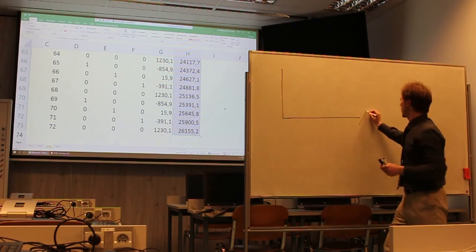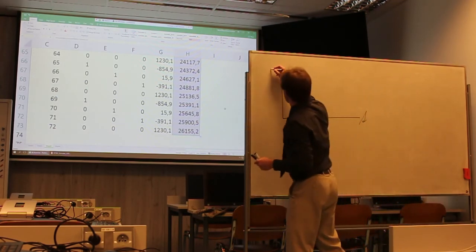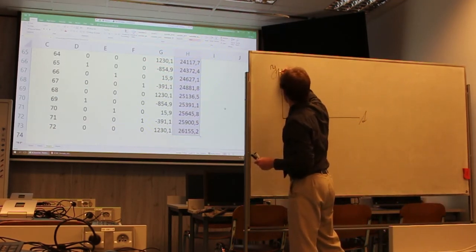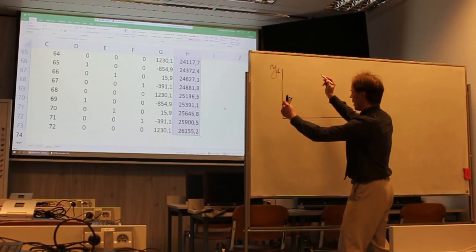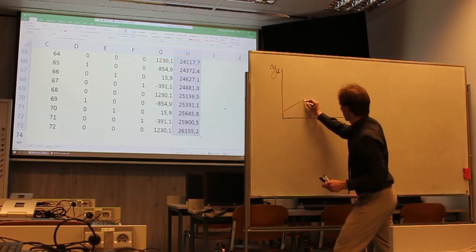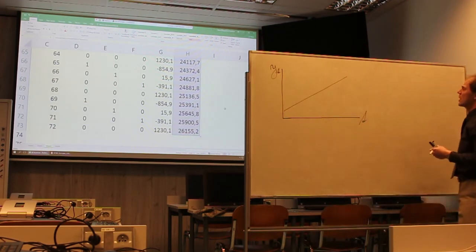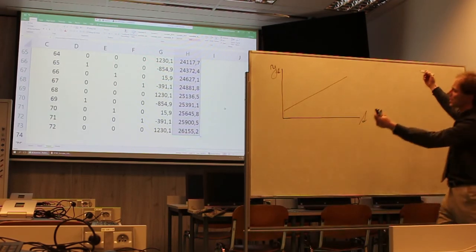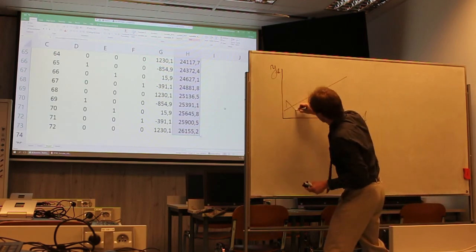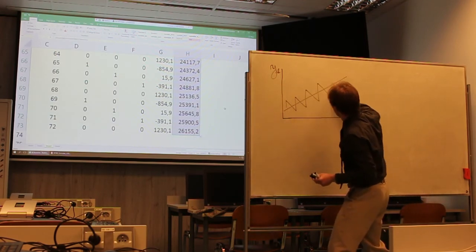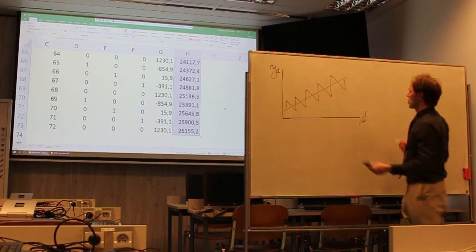This is the chart, there is time, there is my variable y in time t. A linear trend is the line. This is an increasing linear trend. Seasonality is periodical fluctuation around the trend.